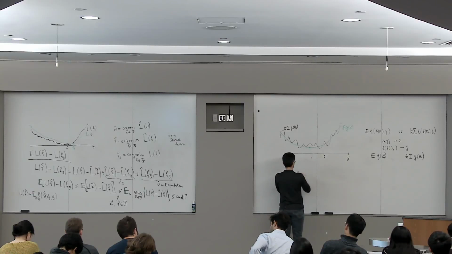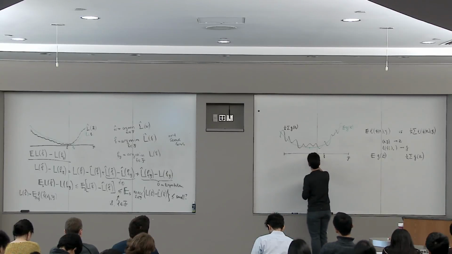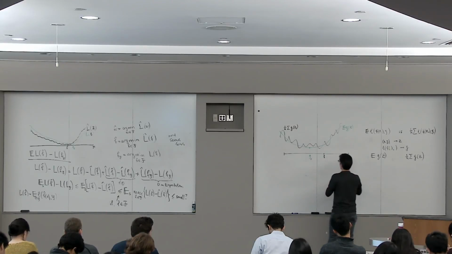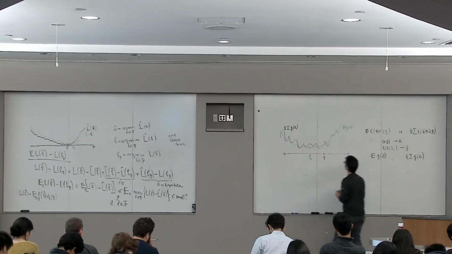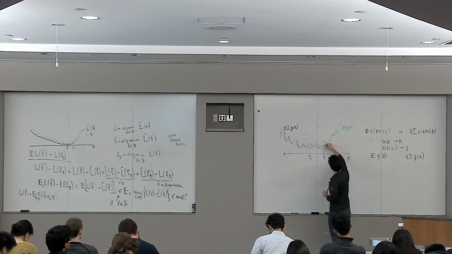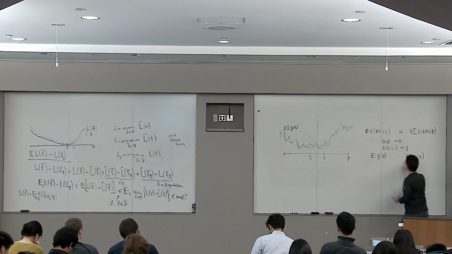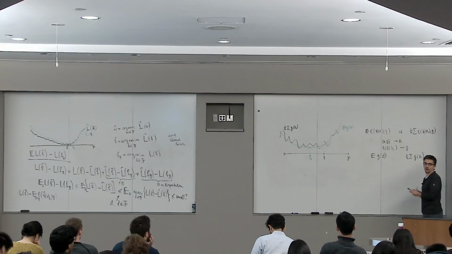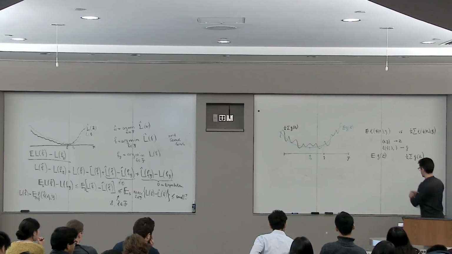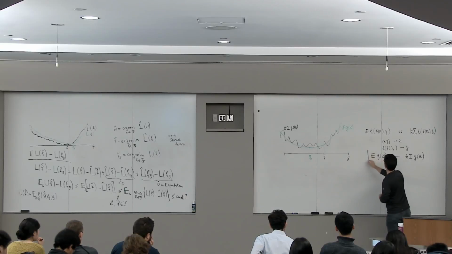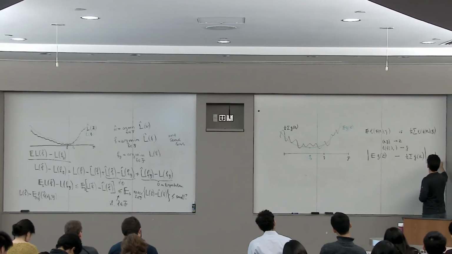So now this becomes g sub F, and this becomes some fixed g. And now I'm going to look at the fixed g. The difference between this and that is on the order of 1 over square root of n by the central limit theorem, right? So this minus that is something like 1 over square root of n.